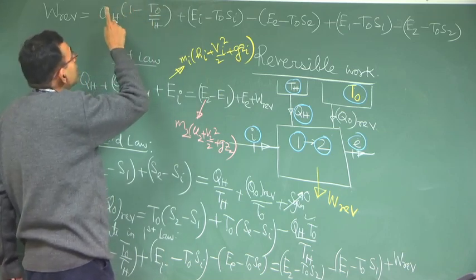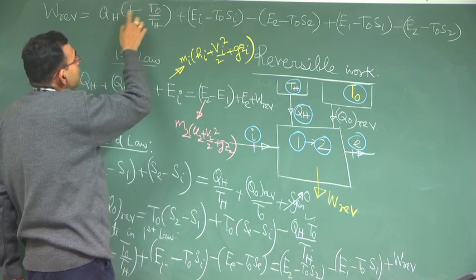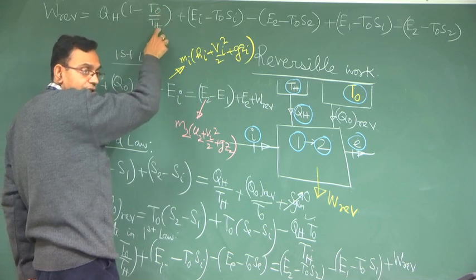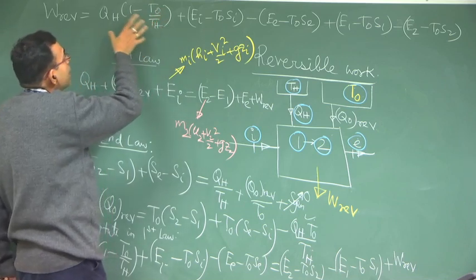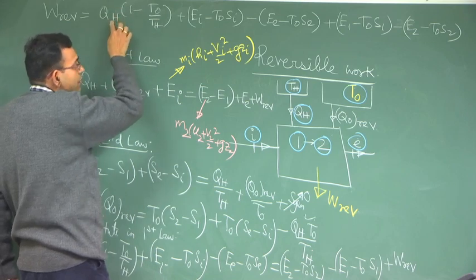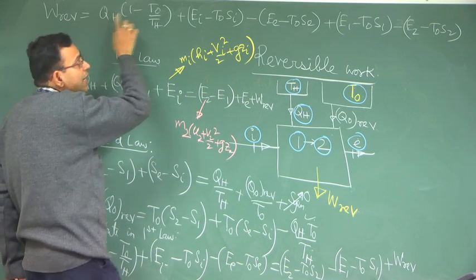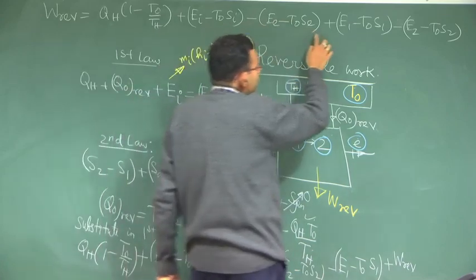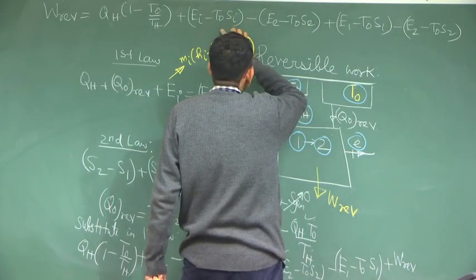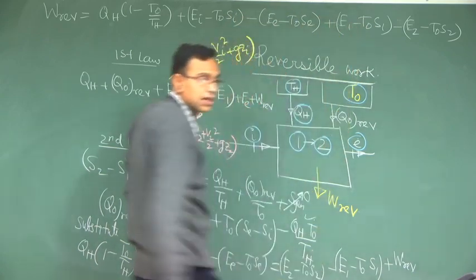So, with this QH, this is like QH into 1 minus TL by TH, TL is T0 here. So, this is a reversible utilization of this QH for work, and this is the maximum potential governed by the initial and the final state and inlet and exit state.